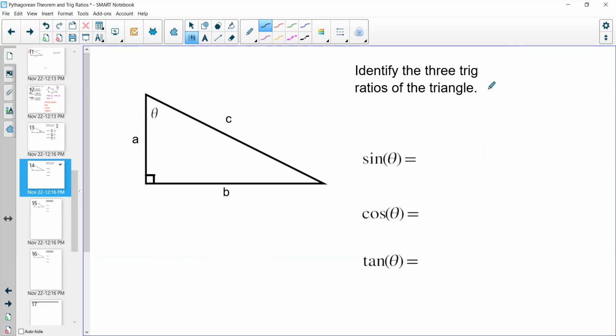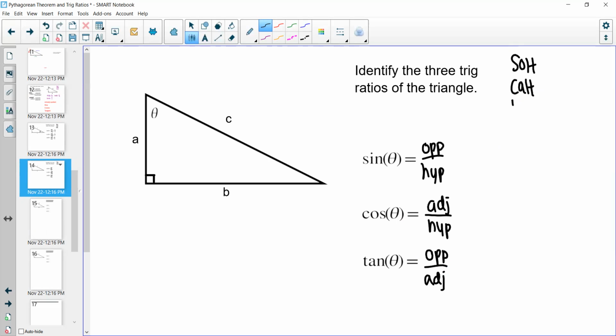Again, it's always going to be that opposite over the hypotenuse when it comes to sine, or the SOH part of it. Our cosine is always going to be the adjacent over the hypotenuse, which is the CAH part of it. And then our tangent is always the opposite over the adjacent, which is how we get the TOA part of SOHCAHTOA.